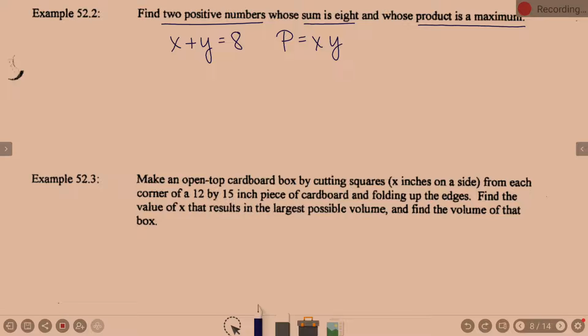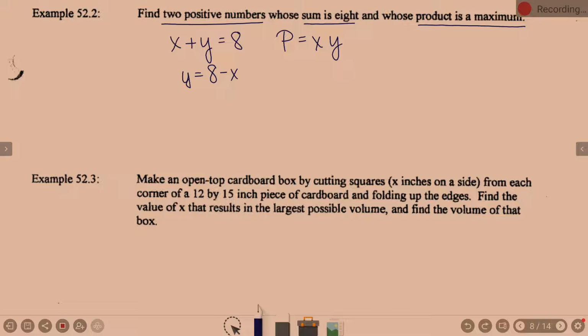So I have x and I have y, but we have a connecting equation, right? If x plus y equals 8, can I solve that one way or the other? Generally we solve for y and put it in terms of x. Technically, you could do it either way. I'm going to say y is equal to 8 minus x, or negative x plus 8 if you prefer.